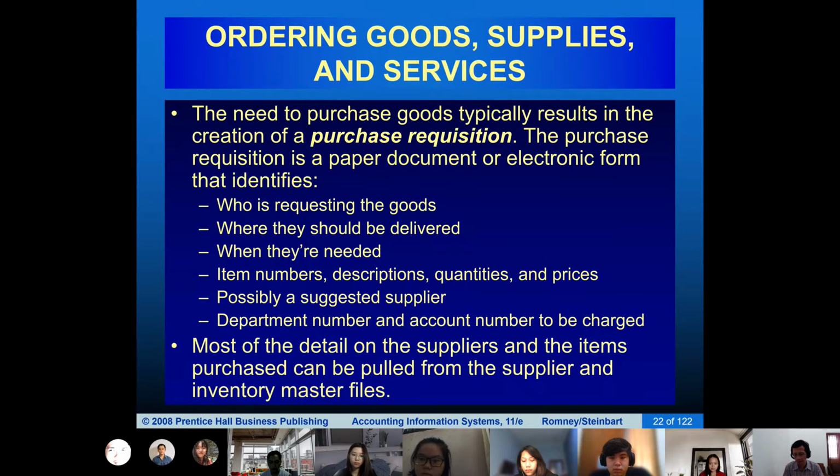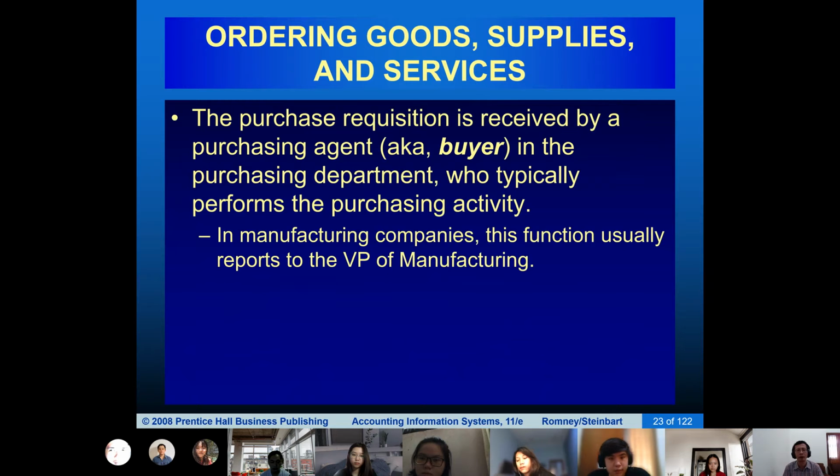We will discuss the quantities and price later. The purchase requisition will be sent to the purchasing agent, buyer, or purchasing department, or in many companies, the procurement department. This procurement department usually handles the purchasing activity.